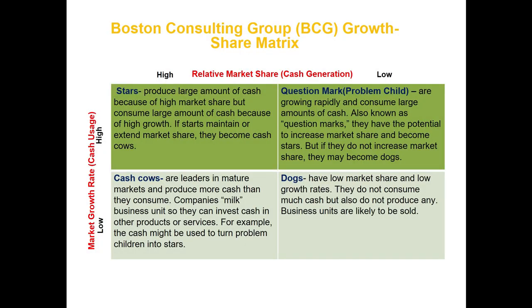To have a better understanding of our BCG matrix, for stars, they produce large amounts of cash because of high market share. They have a high volume of customers but consume large amounts of cash because of high growth.